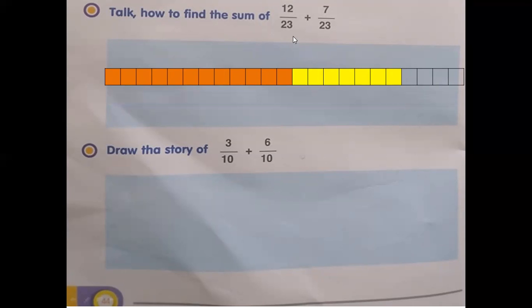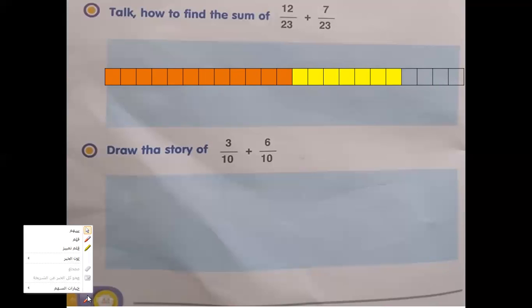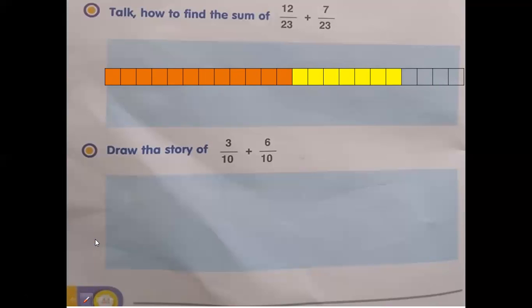Then we are going to color 12 parts in orange and the 7 parts with yellow, or any colors you want. Then we are going to find the sum. So here 12 plus 7 equals 19. And what about the denominator? It is 23. Yes, it is 23.